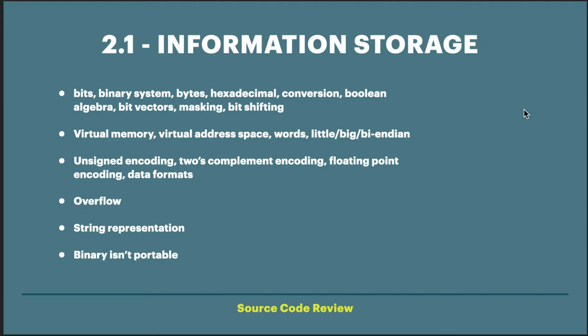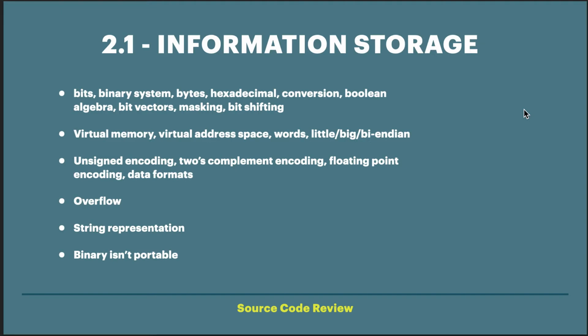So little endian is when you're putting in a bit vector, or let's say 2 bytes, into the memory. It gets stored with the least significant byte, the furthest right byte, first, and then the next least significant byte next.